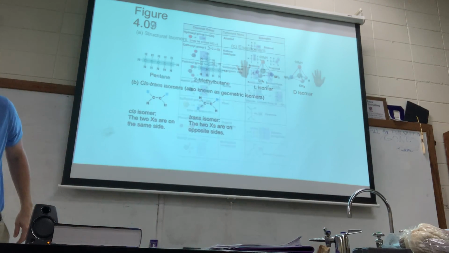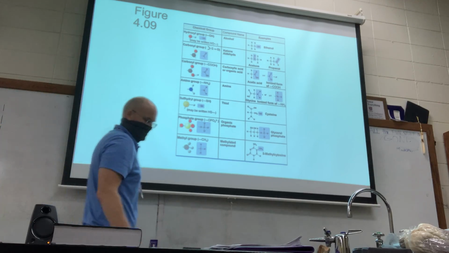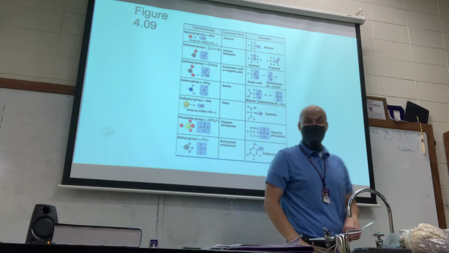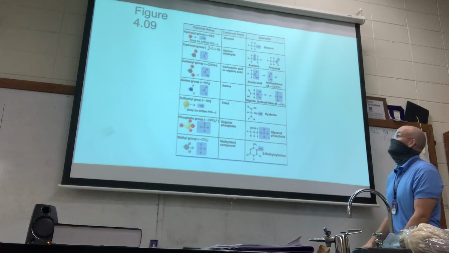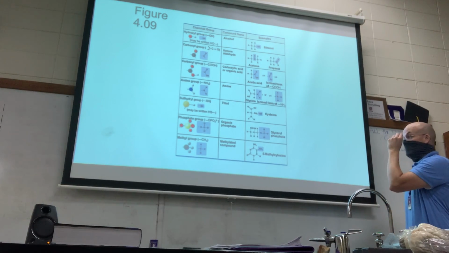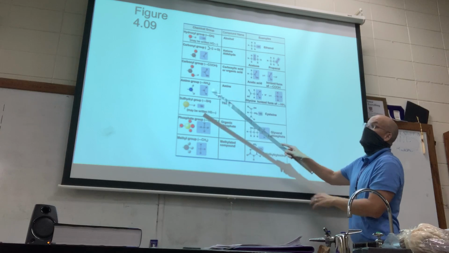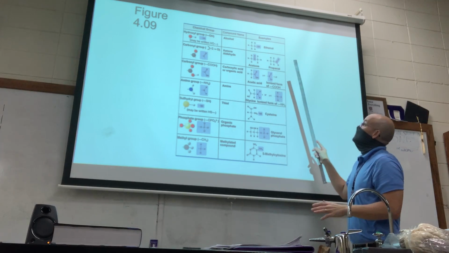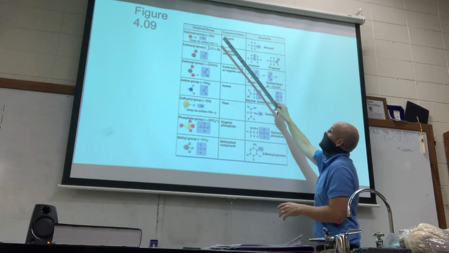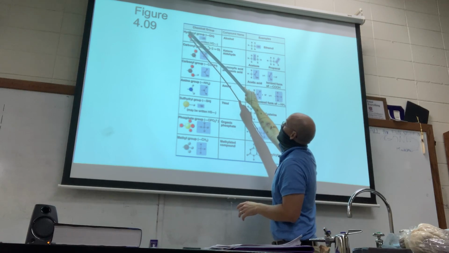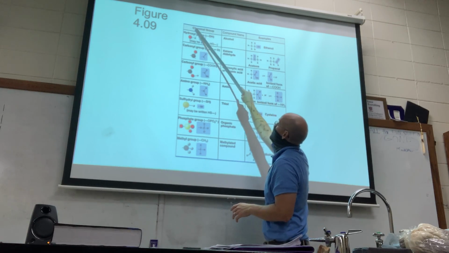So speaking of these tiny molecular differences, or atomic differences, this is from your book. There's a lot going on in this chart, but I want you really just to focus on this part right here.